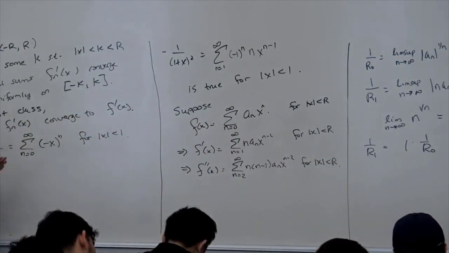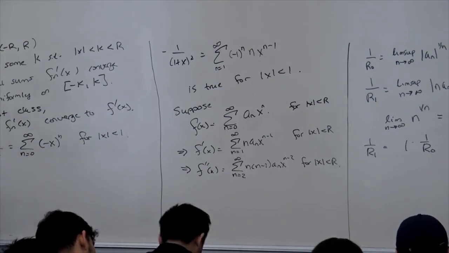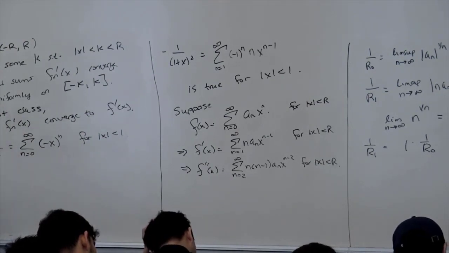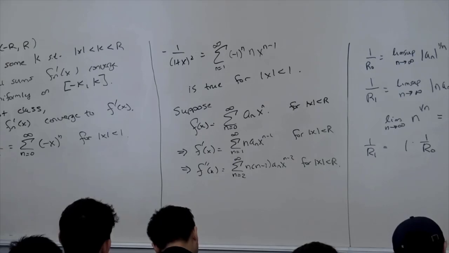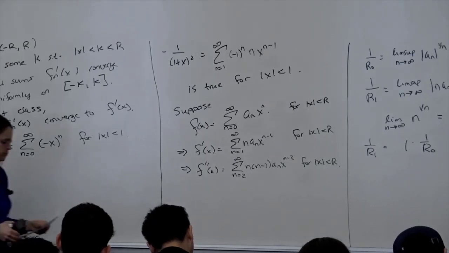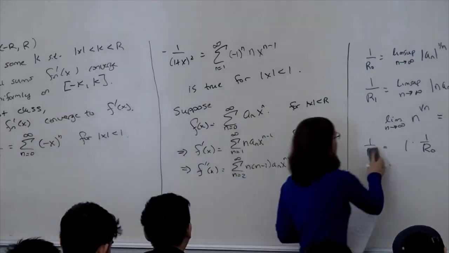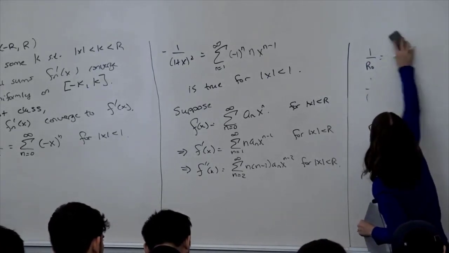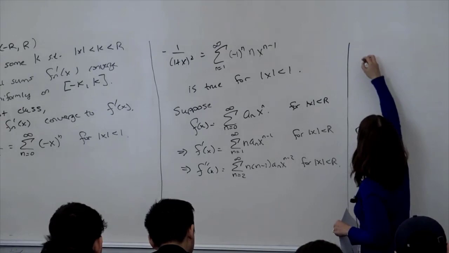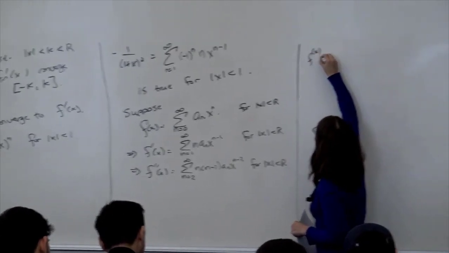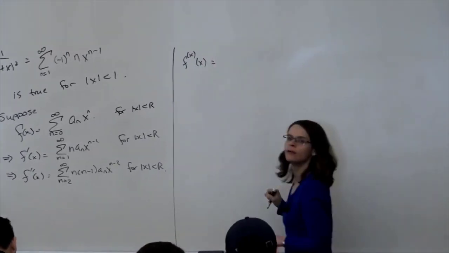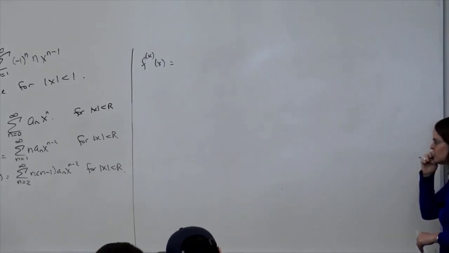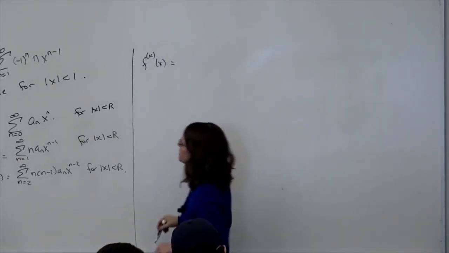Every time I take another derivative, I arrive at another convergent power series with the same radius of convergence, which means I can take another derivative. And in general, if I go to the kth derivative, I would see what happens. You start to see the pattern here.